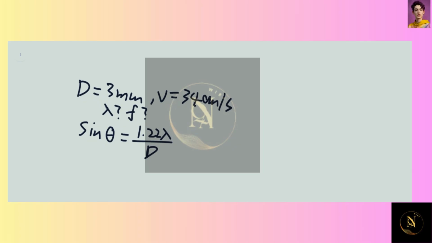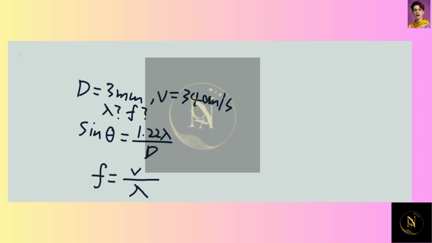Since we know the exact value of d, that means d is fixed, it's constant, so it doesn't change. Why do we need the largest wavelength? Let me write down: frequency is equal to velocity divided by wavelength.